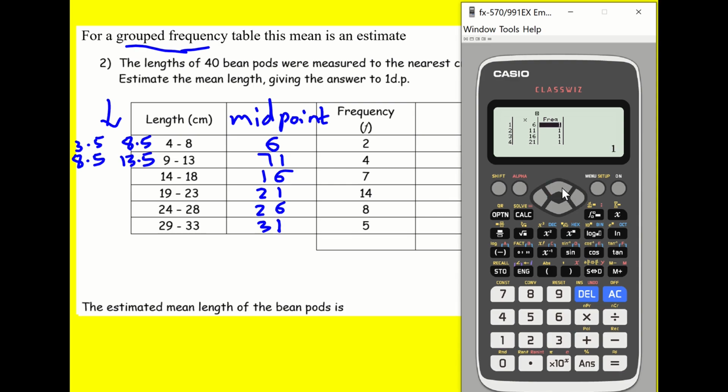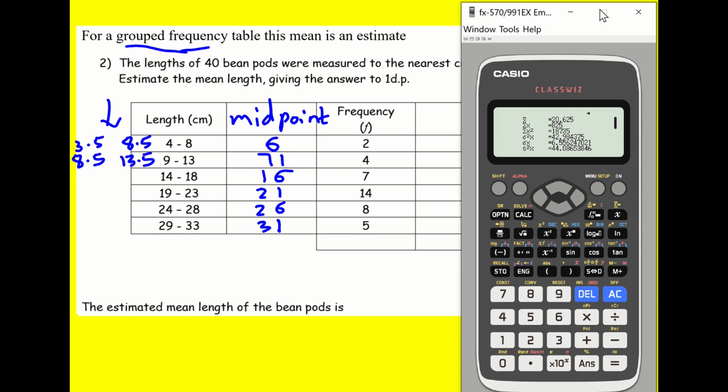Then put in your frequencies. I've done them all. Option, one variable, calculation, and here we go.